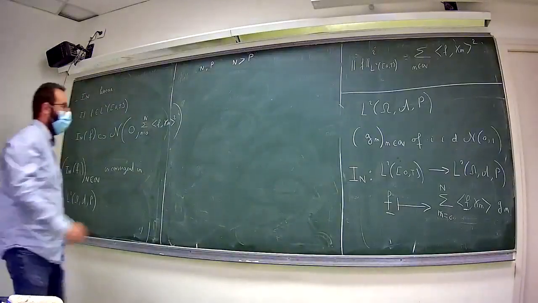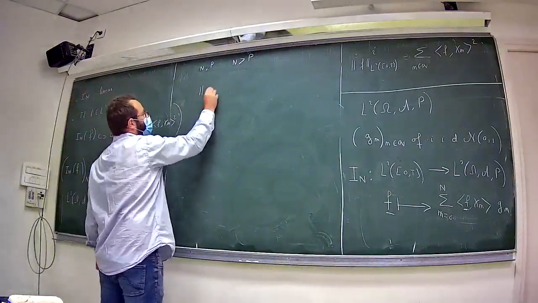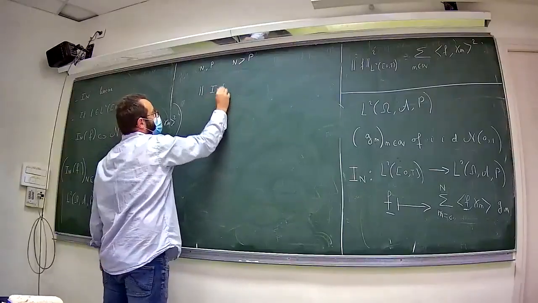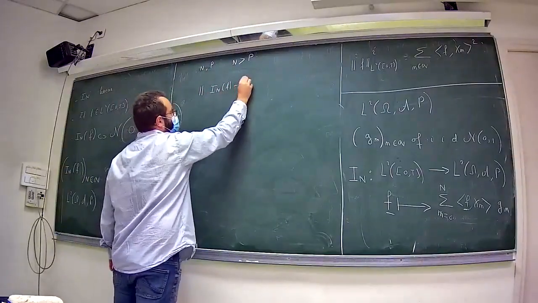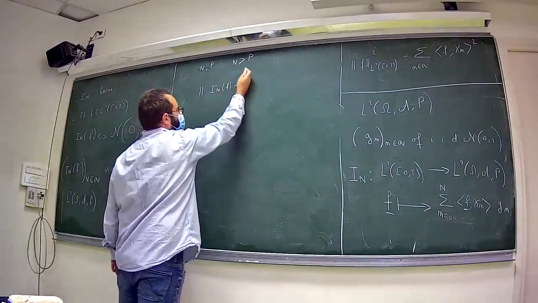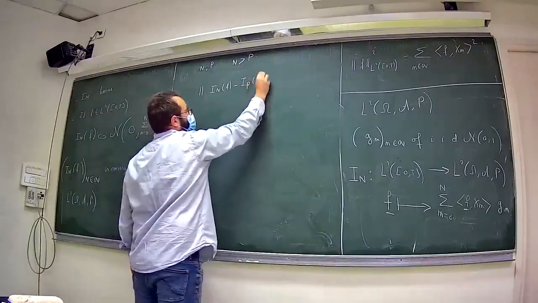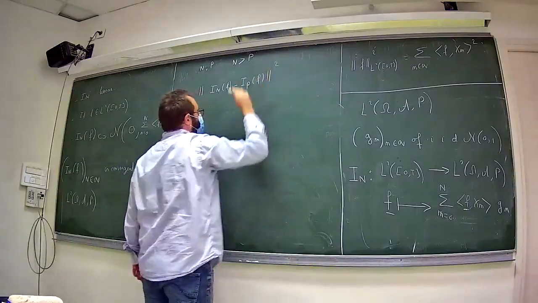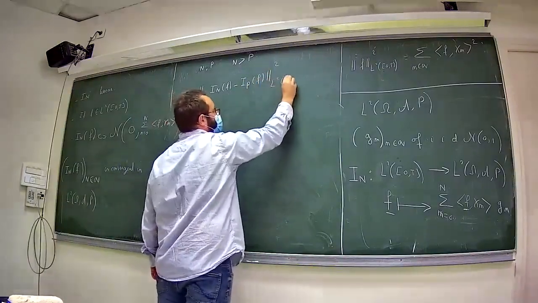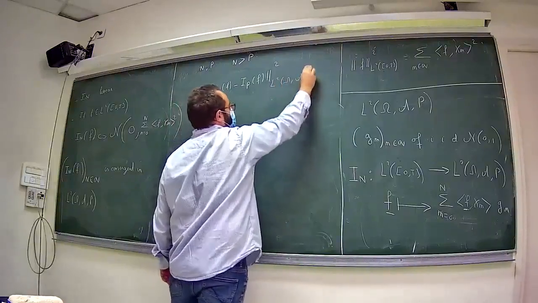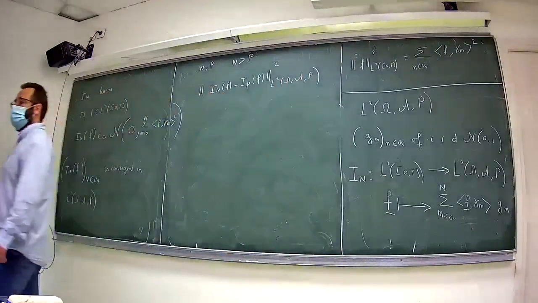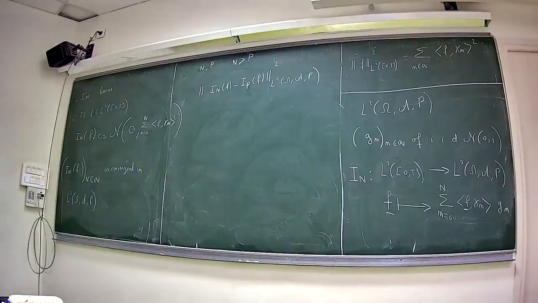I am interested in the square of the norm in L2 of omega AP. My aim is to prove that when N and P go to plus infinity, I obtain something that goes towards 0.